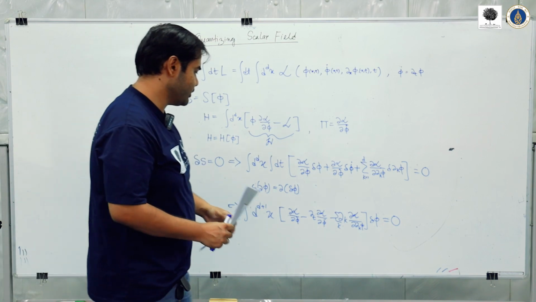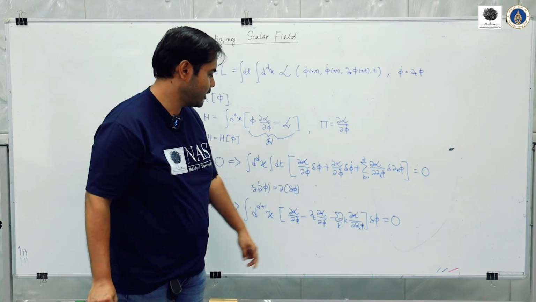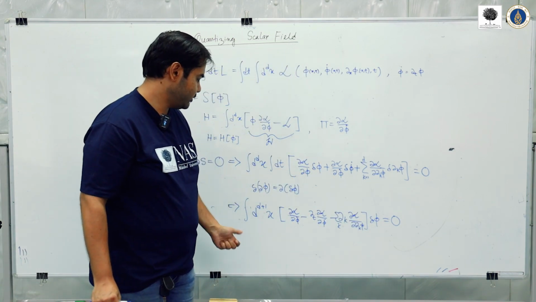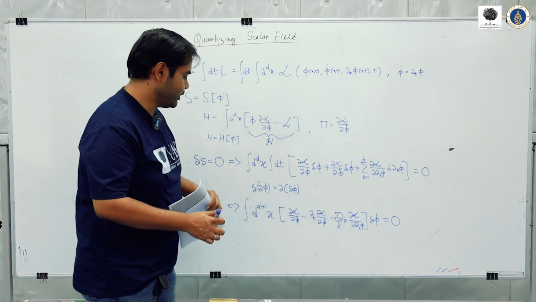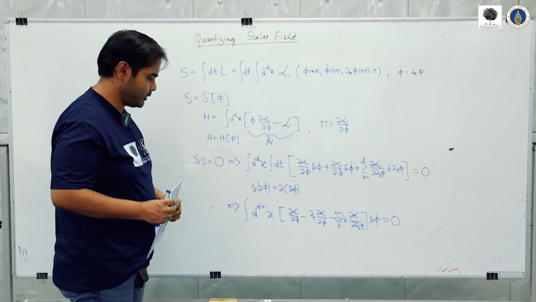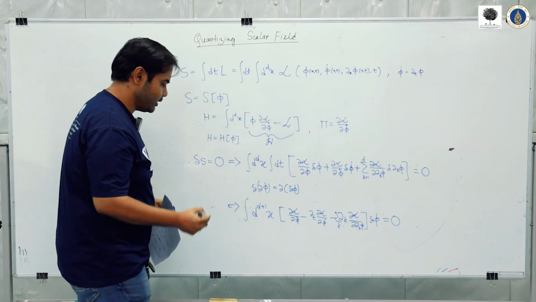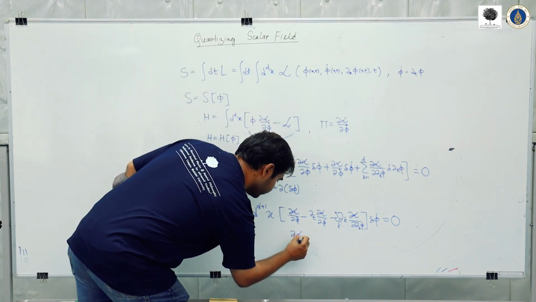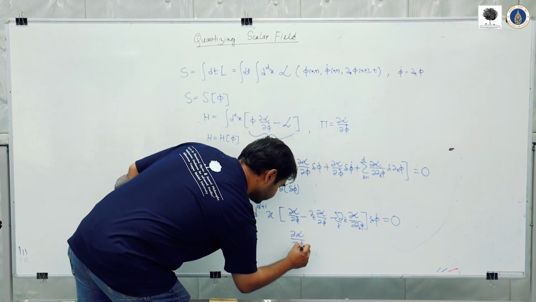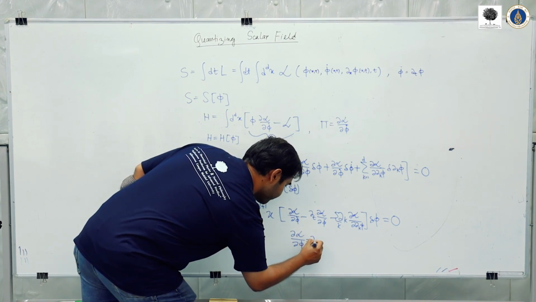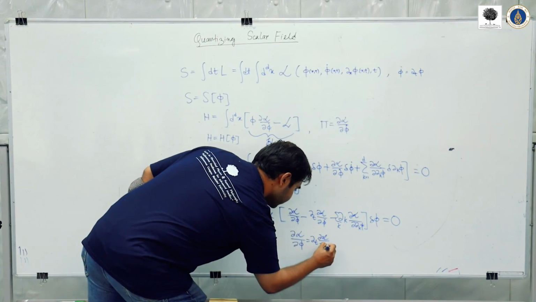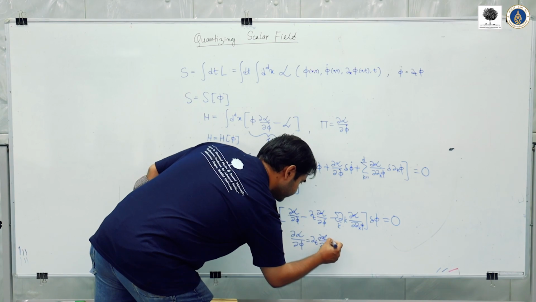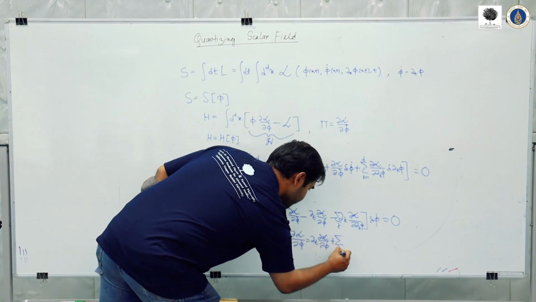And because now delta phi is common and it is totally arbitrary, the most general way that this whole integral can vanish is that this square bracket will vanish, and that will give you the Lagrange equation for the field phi, which just looks like this.